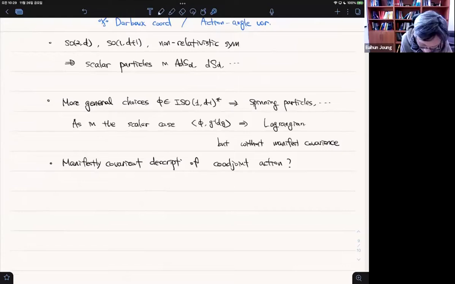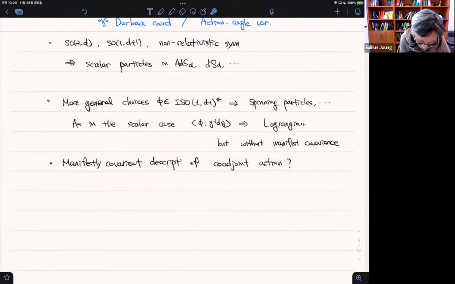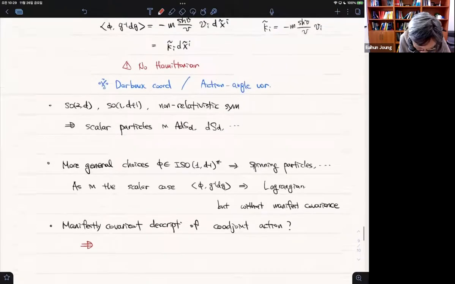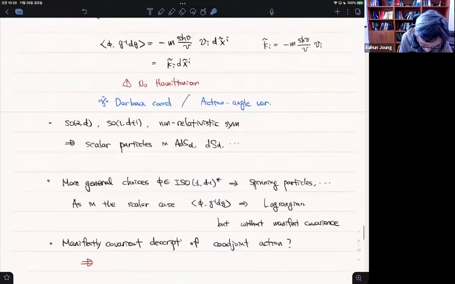So our aim is to invent or devise some manifestly covariant descriptions of coadjoint actions. As we have seen in the scalar particle case, we would clearly need some sort of constraint system.